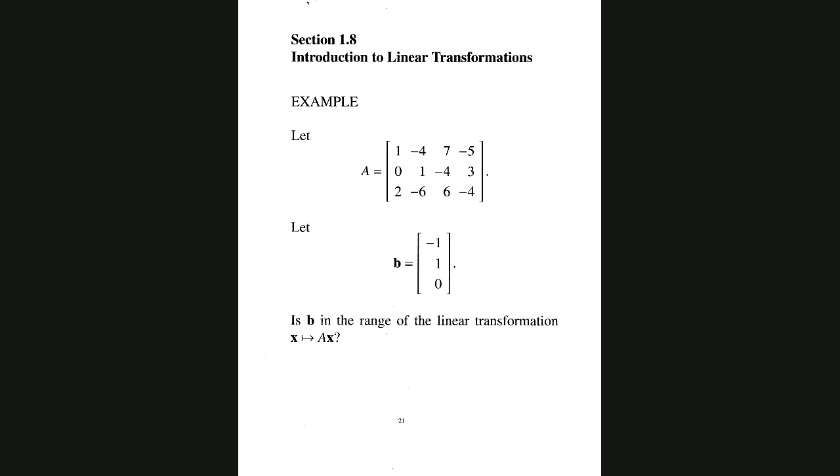Well, the matrix A times the vector x can be written as a linear combination of the column vectors of A. It's an excellent question. I hadn't really thought about it heavily before.